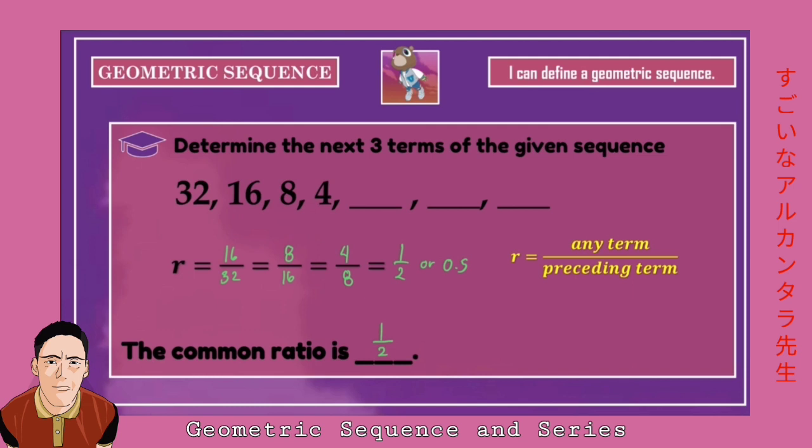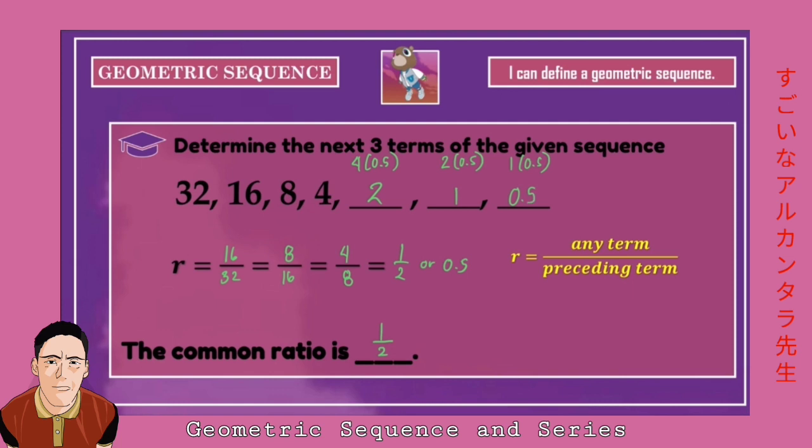So in here, we can actually solve for the next terms, like 4 times 0.5. The answer here is 2.0, so that's 2. And 2 times 0.5 is going to give us 1.0 or simply 1. Then 1 times 0.5 is 0.5.